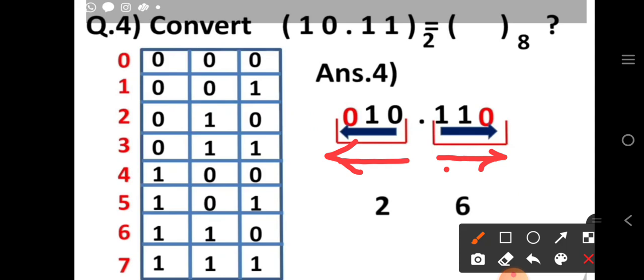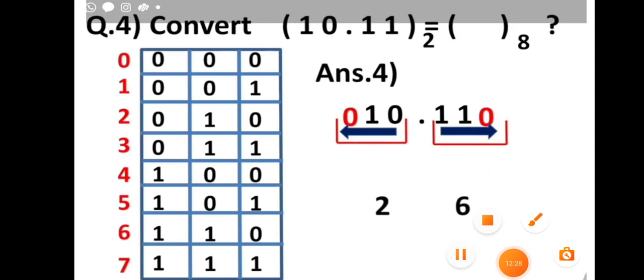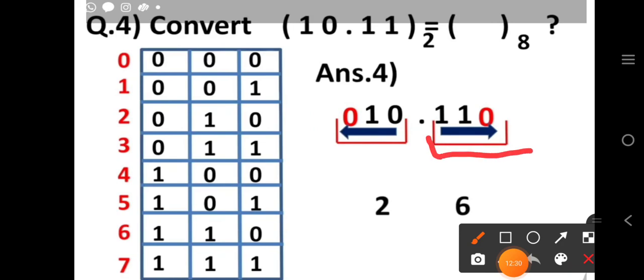The first group will be the first number, 10, but we have to include a 0 in it, and on the right side we also have to include a 0. Now we can make groups of 3 digits, that is 010 and 110. Where is 010?